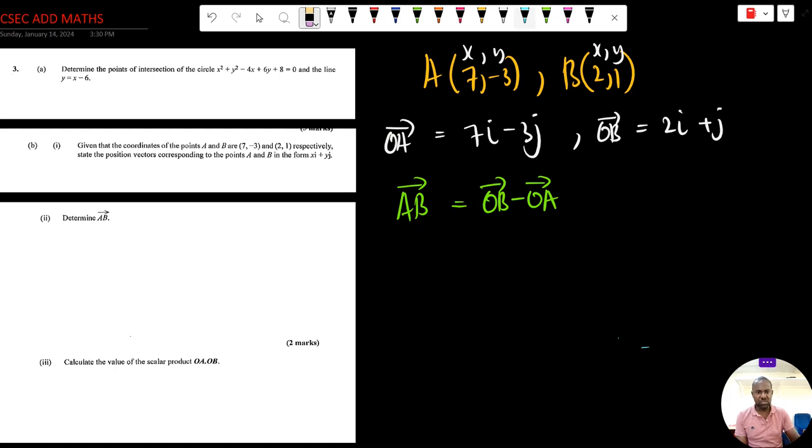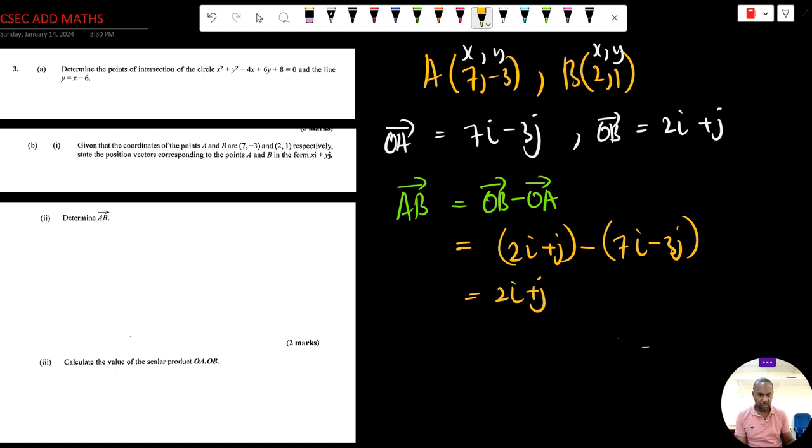And when subtracting these position vectors, we essentially subtract the i coefficients together and the j coefficients together. So we have OB, which is 2i plus j, and we're going to be subtracting OA, which is 7i minus 3j. So what this gives us, we have 2i plus j, then we expand this out, we get minus 7i, then you have minus times minus 3j, which gives us plus 3j.